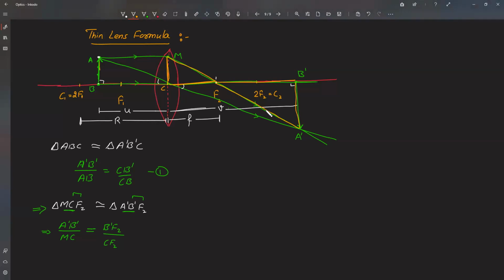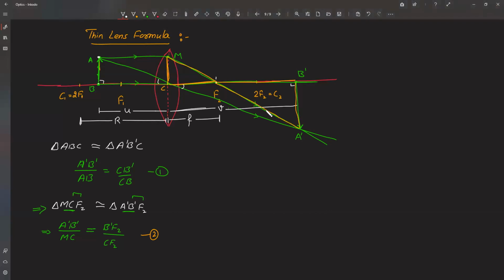So now you have two equations from these two pairs of similar triangles. Next, what do we have to do? If I have to find A dash B dash by AB, as you can see here, that is equal to CB dash divided by CB.